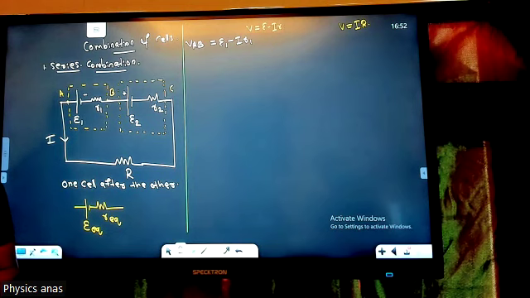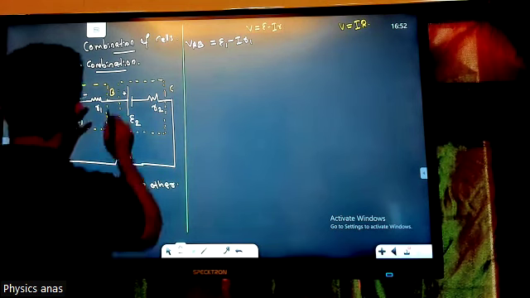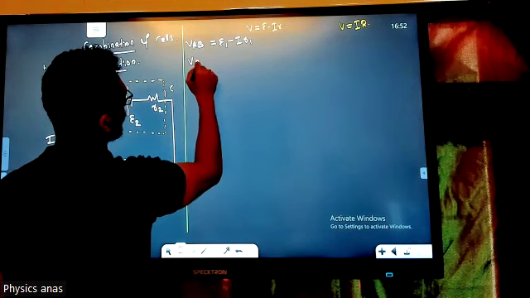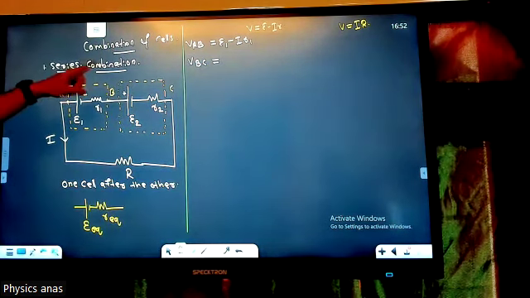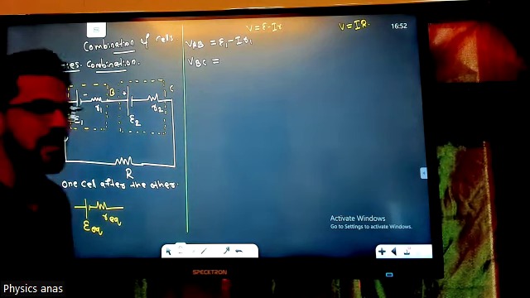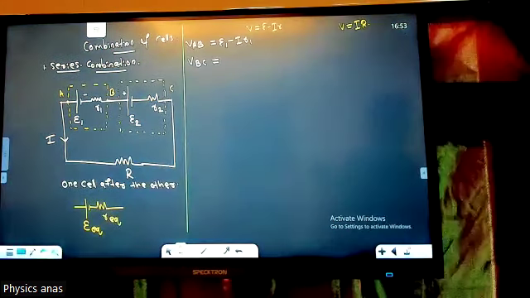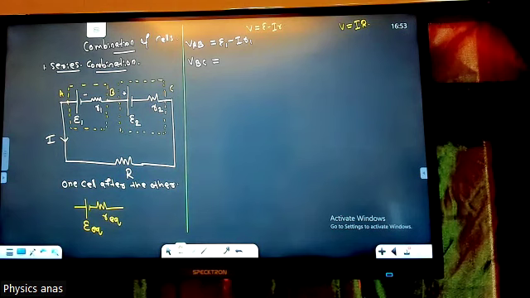Okay. And what is VBC? And what is this VAB? VAB should be V or V1. Is it equal or opposite? Is there one voltage or two voltages? VAB and VBC will be equal or they will be different?